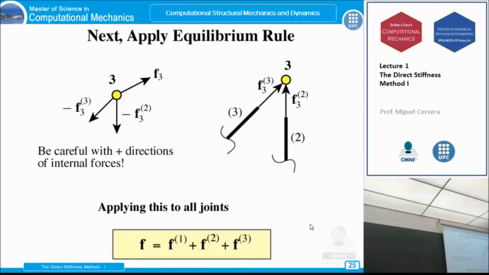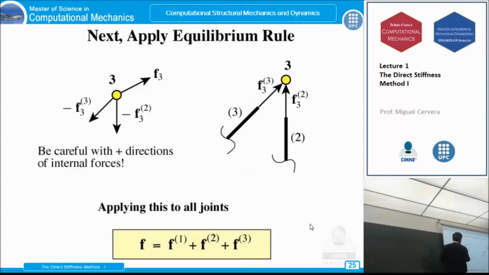Also by definition, principle of action and reaction, on the node, this member will make this force with the sign reversed. And also by the principle of action and reaction, this member will make on this node this force reversed. Okay? And you may have an external force. Okay? So you have to have equilibrium here on the node.